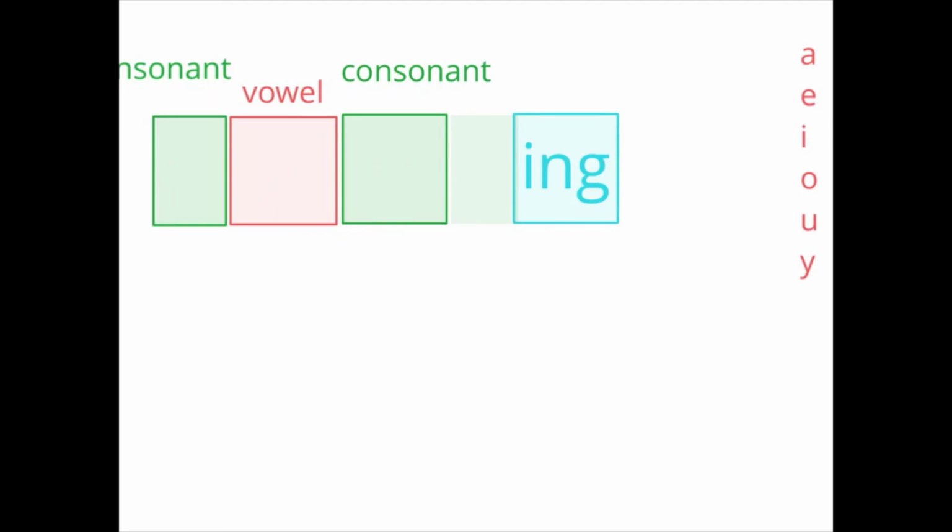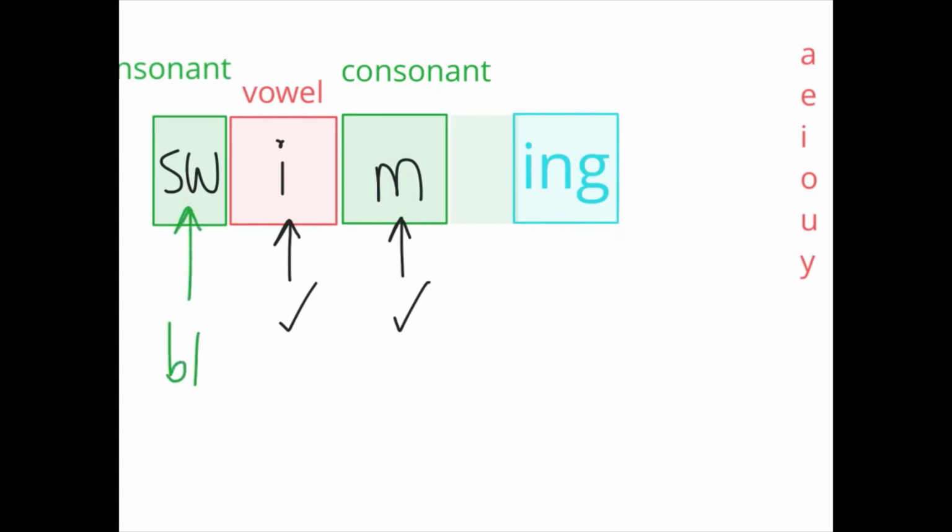Let's look at the word swim one more time. There is only one vowel here, and there is only one consonant here, but here's my question for you. Does this matter that there is a blend at the beginning?